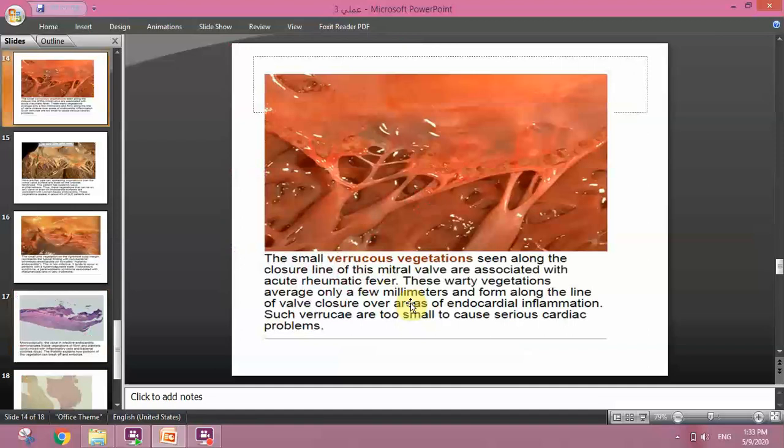Small verrucous vegetations along the line of closure of the mitral valve, associated with acute rheumatic fever. As we mentioned, in acute rheumatic fever there are very small vegetations on the line of closure of the valve. These vegetations are light pink soft masses.